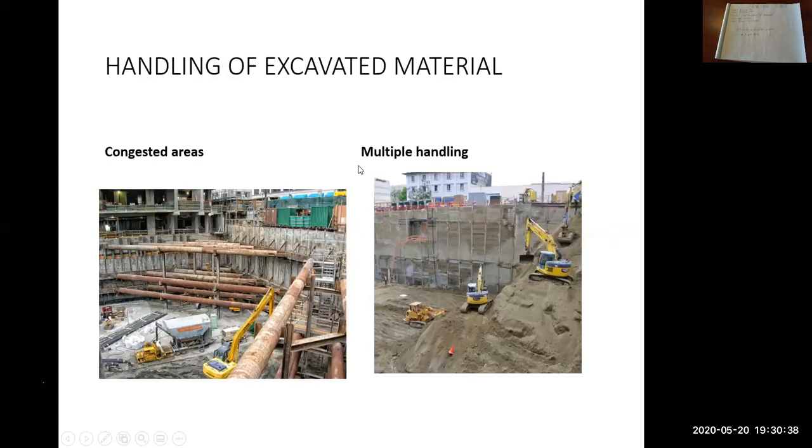Okay, so next here, handling of excavated material. You can see on this slide on the left, it says it's quite congested. It looks like you've got maybe shotcrete type walls here with anchors.